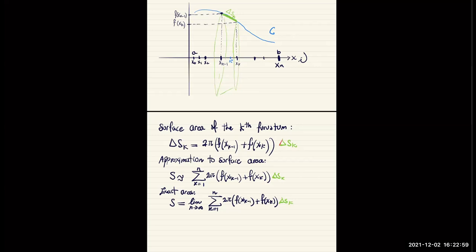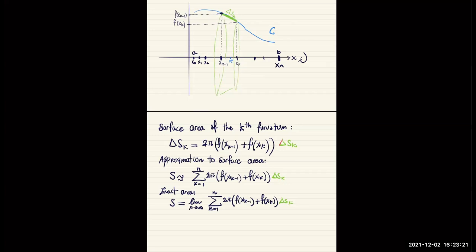Now let's see what happens when n gets big. n getting big means that the number of subintervals, basically your partition, is going to go to infinity. You're going to have more and more of these subintervals.